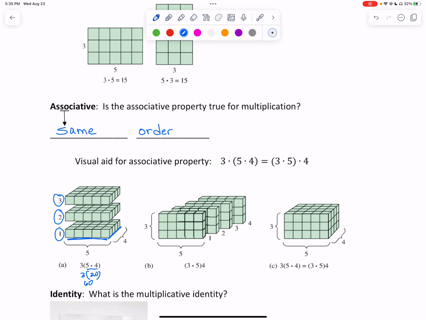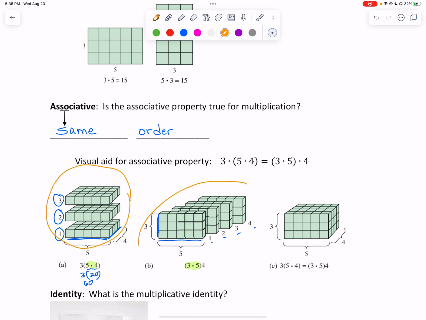Okay, I could take that, and so I could split it differently. I could say 5 this way times 3, and I would have 4 of those. So instead of grouping these guys together, I've now grouped the first 2 together, right? So if I put all these guys together, I just squish them down, okay?